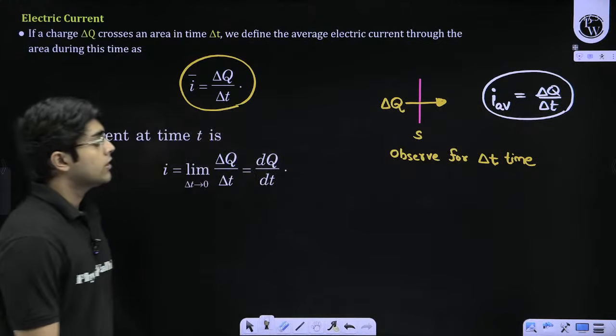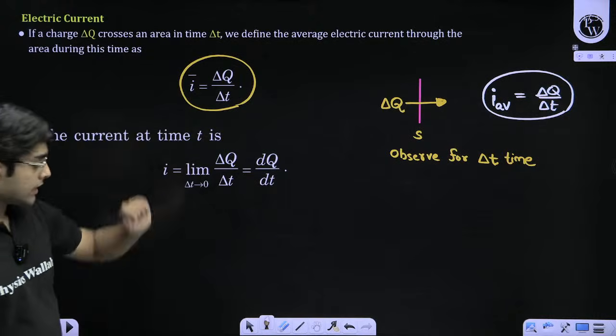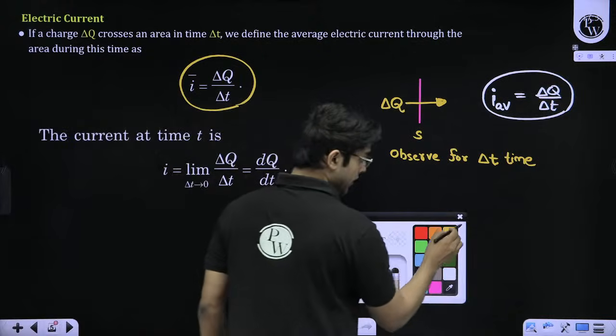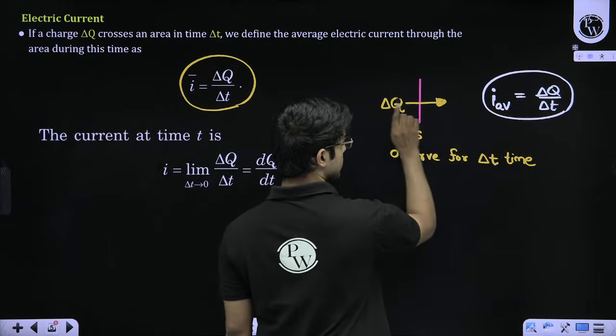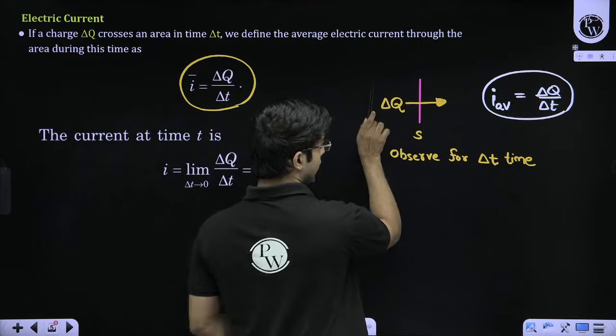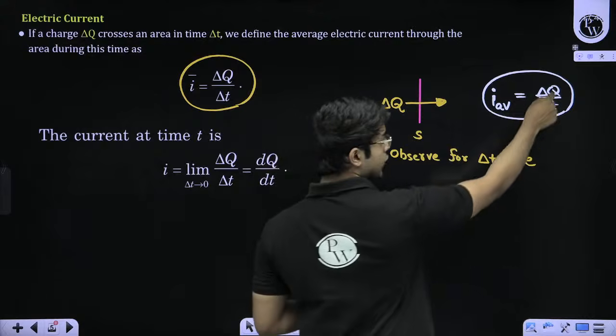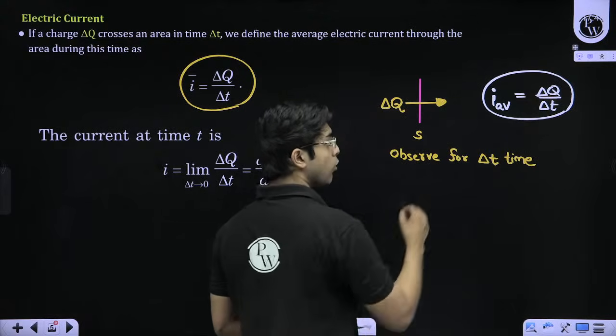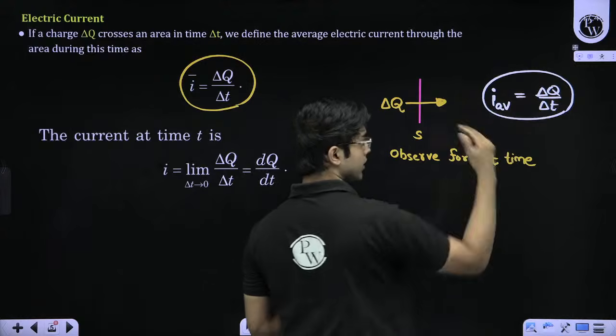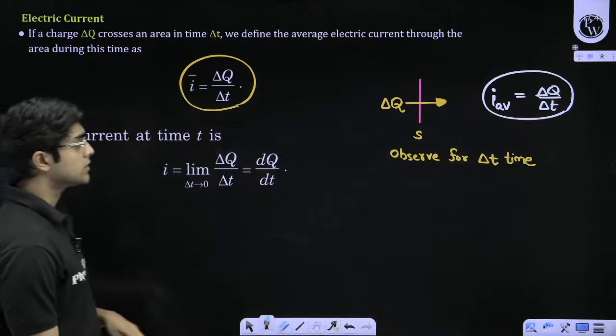You can also read this as the rate of flow of charge, the rate at which charge crosses this area. If charges are moving much more rapidly through area S, then delta q will be greater, more charge will pass through S in a given time, so the current will be more.